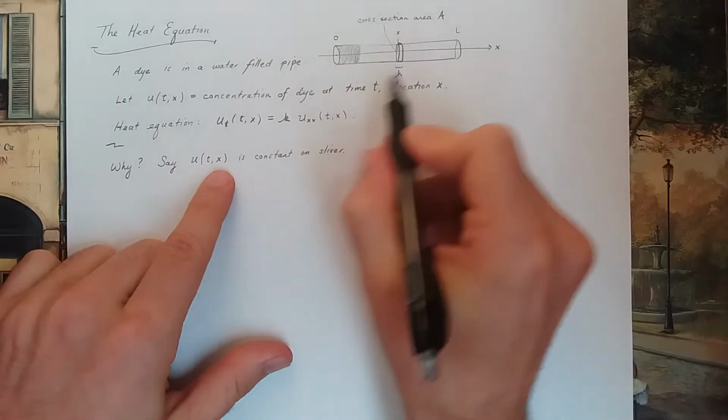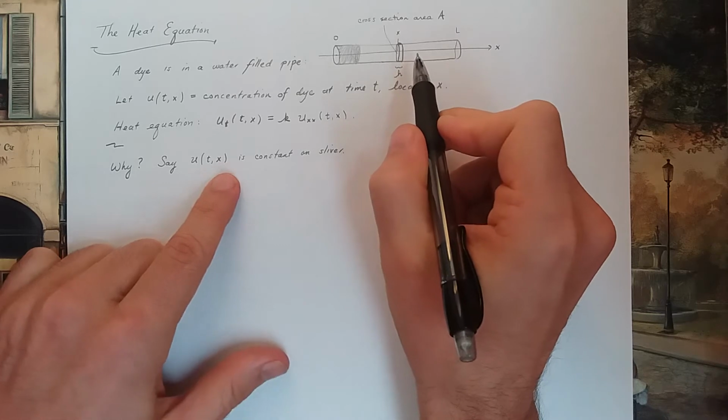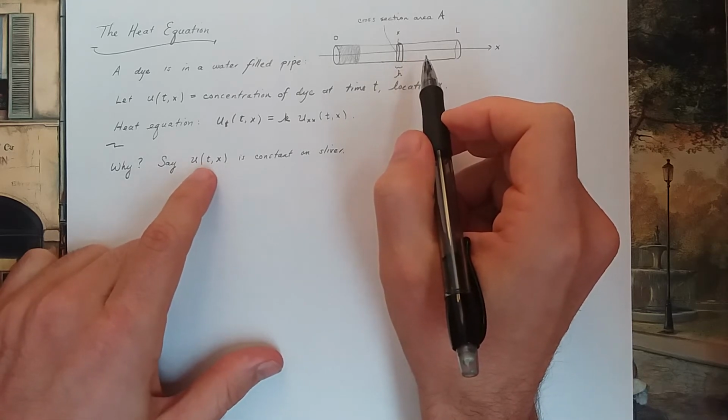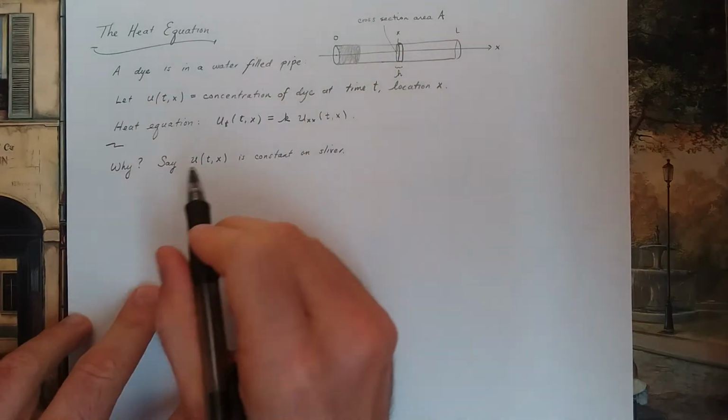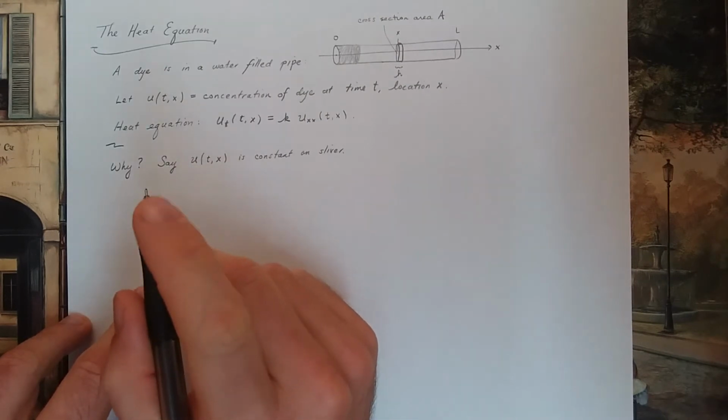So as x changes from x to x plus h, the concentration doesn't change in the x variable. Maybe it will with respect to time, however.